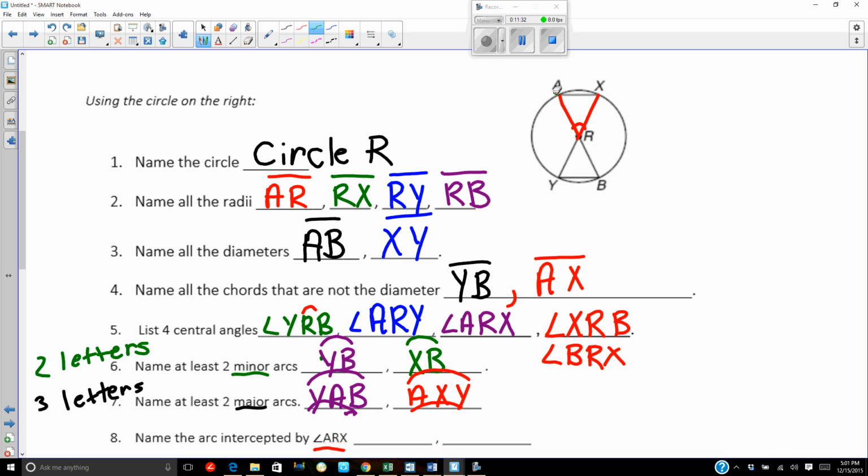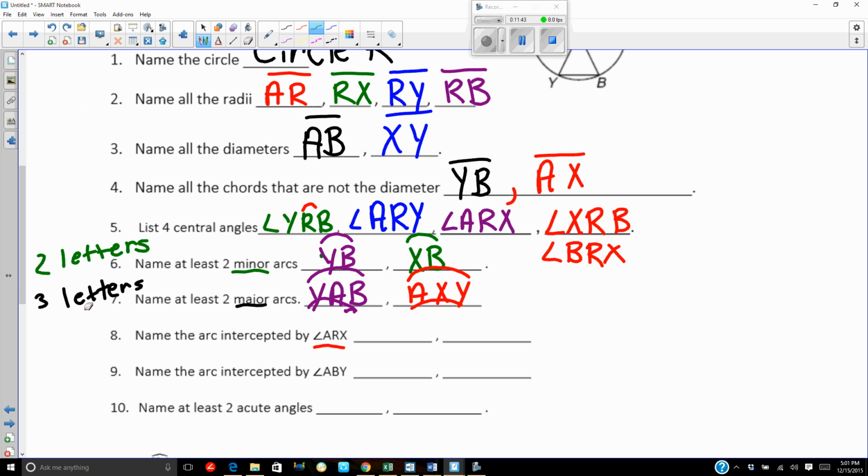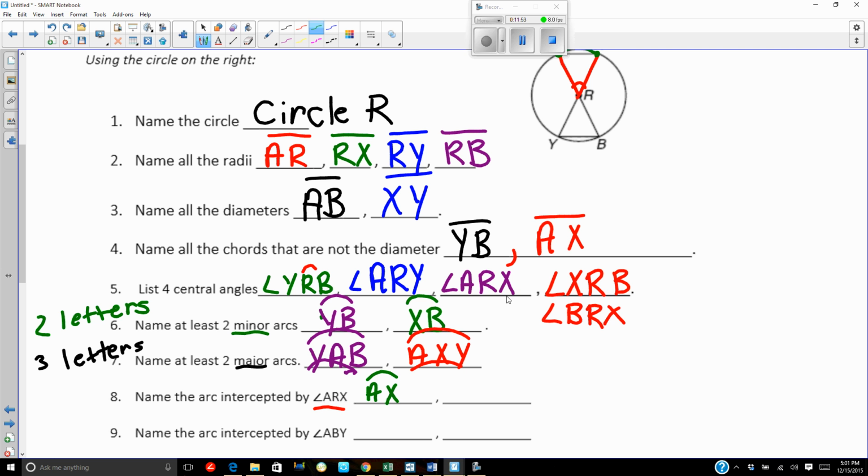So it's just going to be the part of the circle from A to X. So angle ARX intercepts the arc AX. Or again, you could say arc XA. And there's only one answer for that. I don't know why there are 2 blanks, but there's only one answer for that.